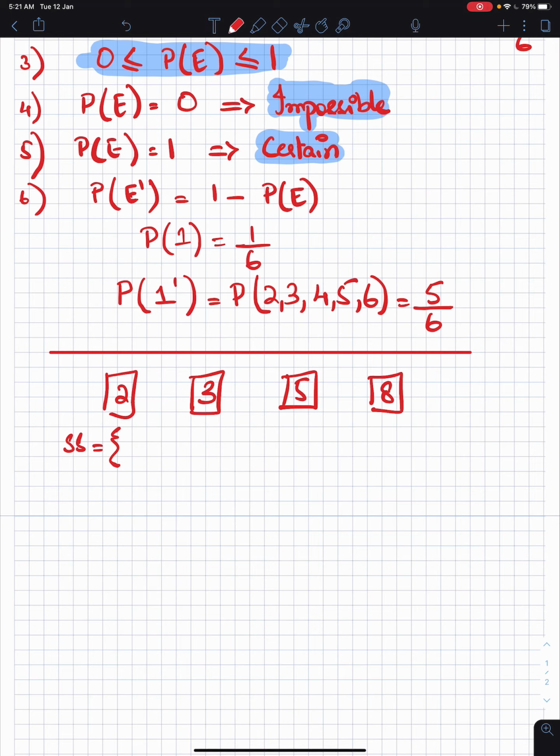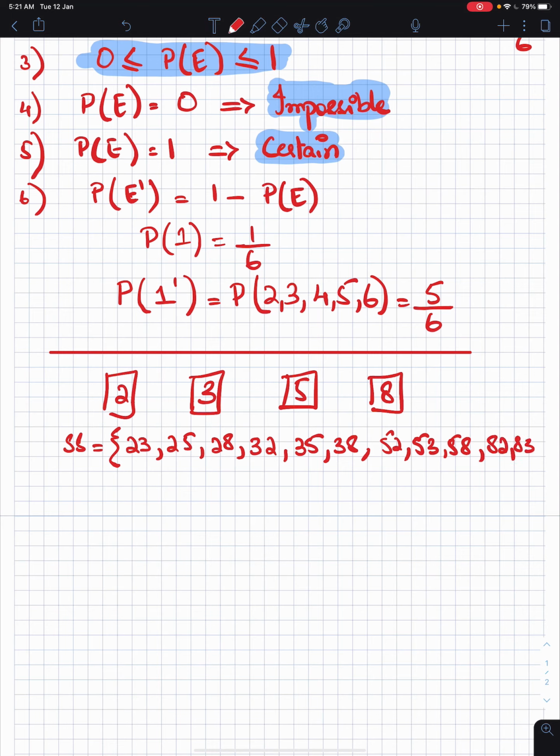The first will be, आपने एक कार्ड 2 उठा लिया और दूसरा कार्ड 3 था, और पहला कार्ड 2 उठाया, दूसरा कार्ड 5 था. पहला कार्ड 2 उठाया, दूसरा कार्ड 8 था. सिमिलरली पहला कार्ड आपने 3 उठा लिया, दूसरा कार्ड 2 था, 3 था, 5, 3, 8, and then 5, 2, 5, 3, 5, 8, and lastly पहला कार्ड 8 था, दूसरा 2 था, 8, 3 and 8, 5.